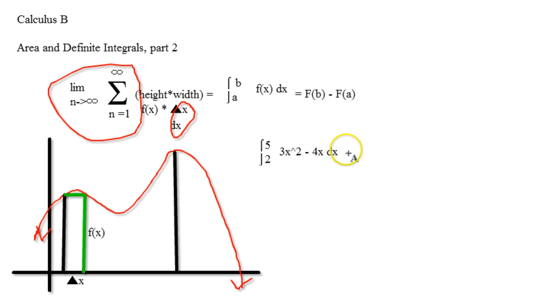All we need to do is find the antiderivative of each. Here's how I've learned to write it. In the past, I've had this set up with the 5 and then the 2. You're going to learn a whole bunch of different ways to write this and work with it.